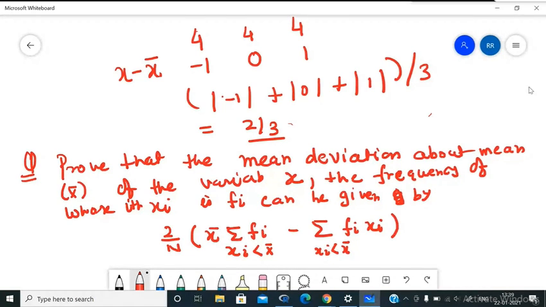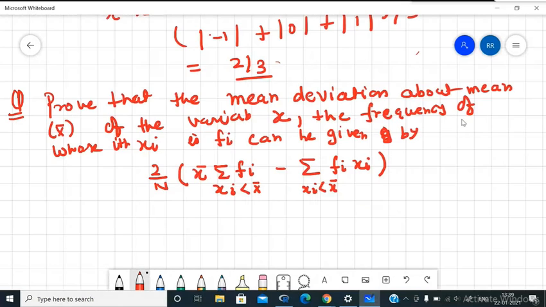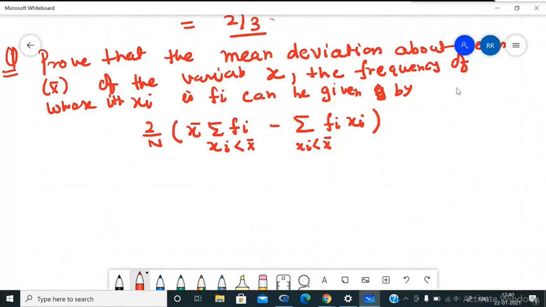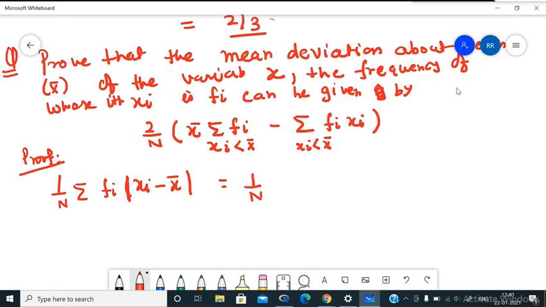So basically what you can do is you can define it as, suppose capital N is summation fi, 1/n summation fi absolute value of xi minus x bar, you know this, and it can be written as 1/n summation fi (x bar minus xi) if xi is less than x bar.